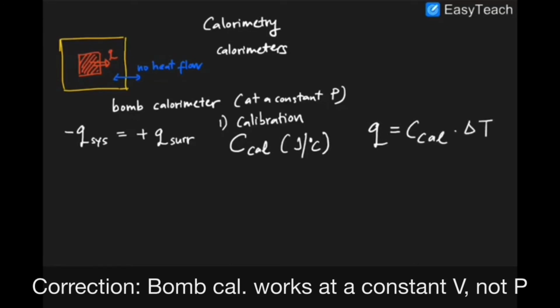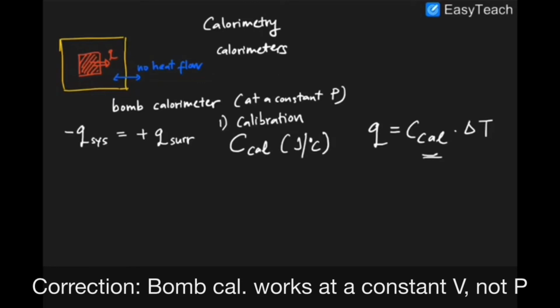Note that in contrast to our earlier equations, there is no mass or number of moles in this equation. The calorimeter constant is the heat capacity of a particular object rather than that of a material, so it may help to think of it as the heat capacity per calorimeter.